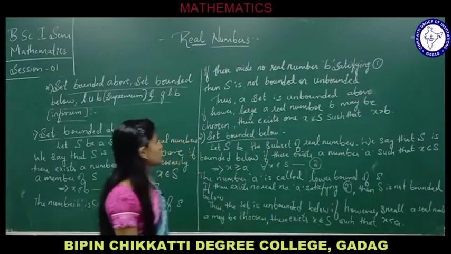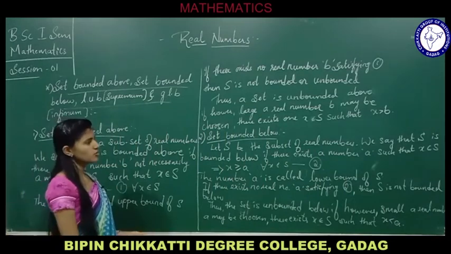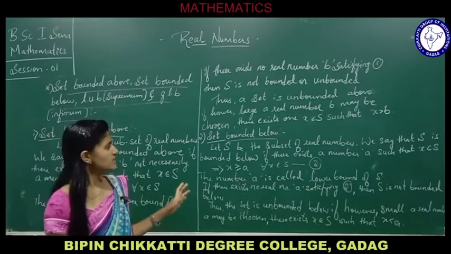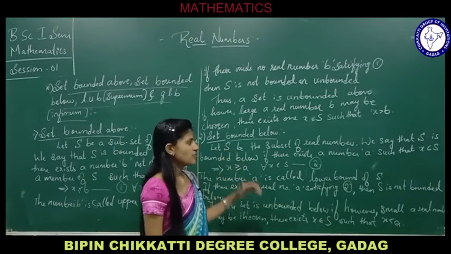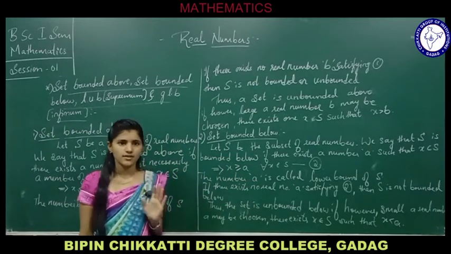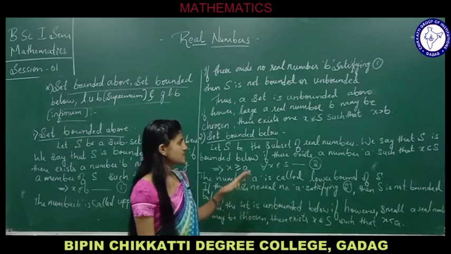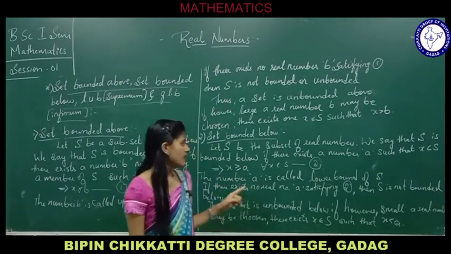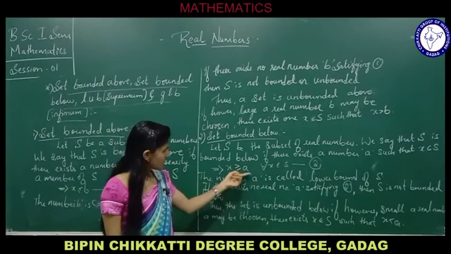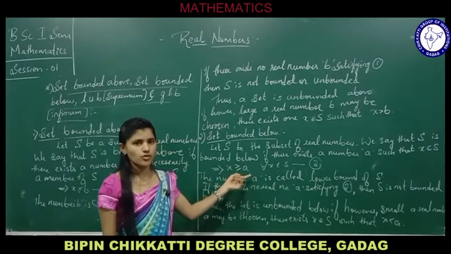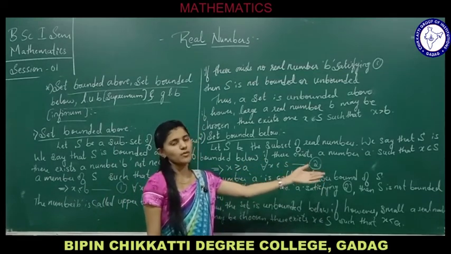This is how we define a set bounded below. Let S be a subset of real numbers. It is bounded below when there exists a number A, not necessarily a member of S, such that X is greater than or equal to A. Then we say A is a lower bound of S. If there is no such number A, then S is not bounded below.